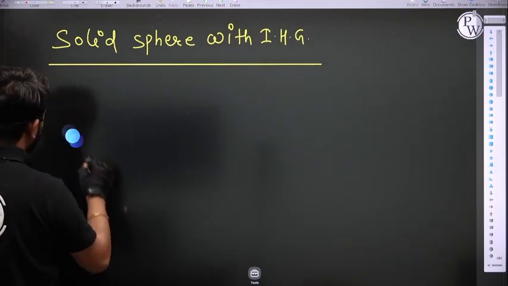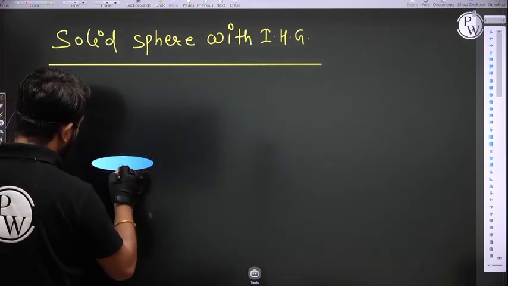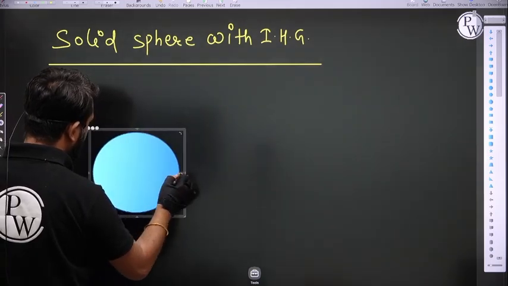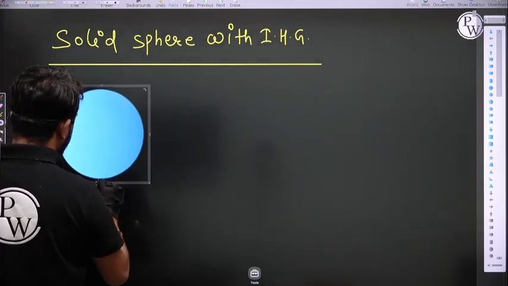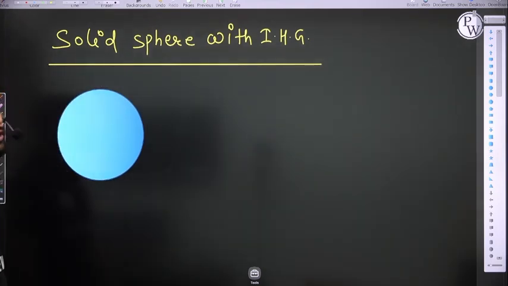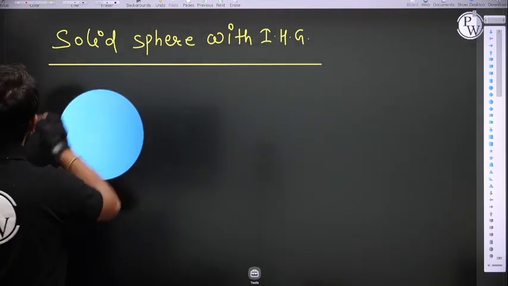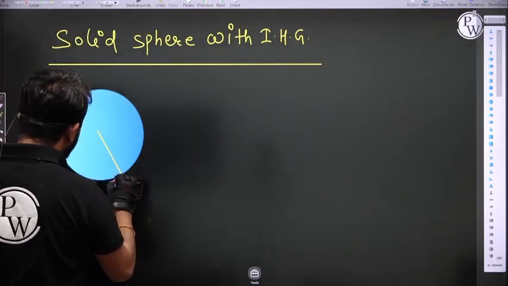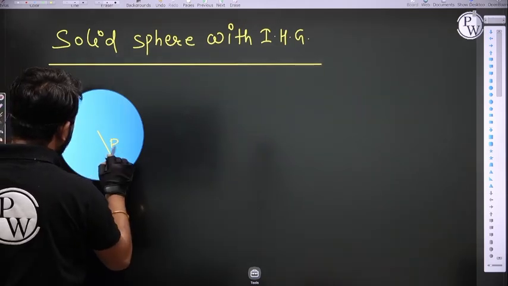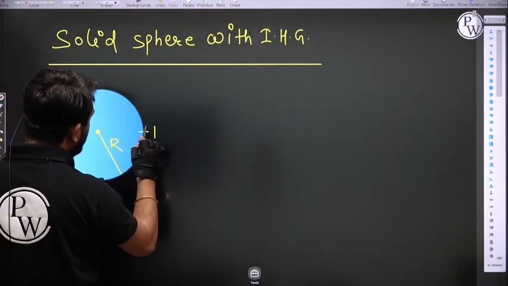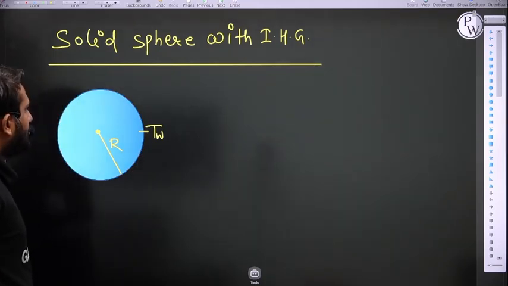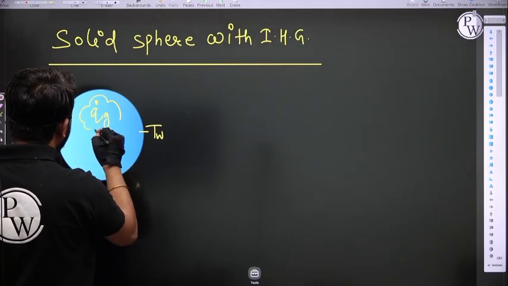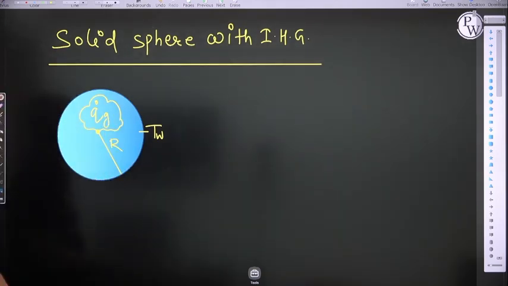The radius of this solid sphere is capital R, and at r equal to capital R the temperature is T_W. Uniform heat generation is there in this sphere, and that is Q dot G.